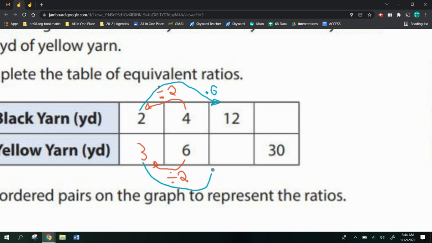Do the same thing down here. That is 18. And then, like I said, another option would be 4 times 3 is 12, so you would do 6 times 3, which is still 18. Both methods work.